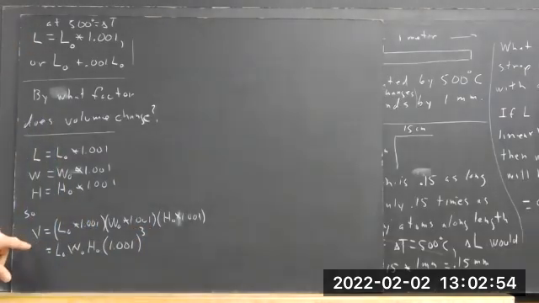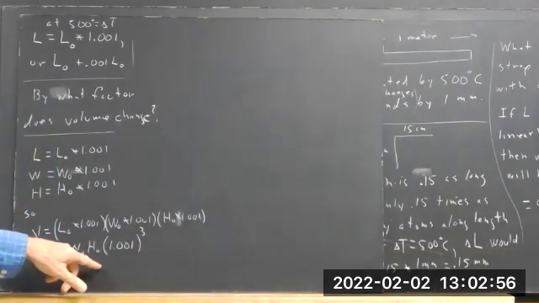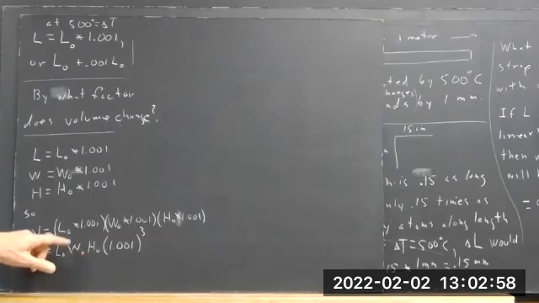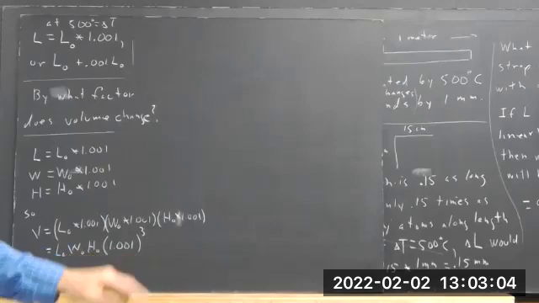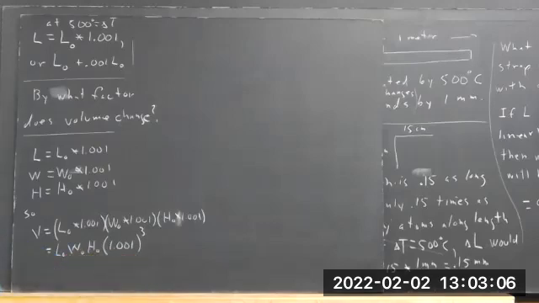So your volume is going to be your original length, width, and height multiplied together times the cube of that 1.001. I'll let you digest that for a minute.